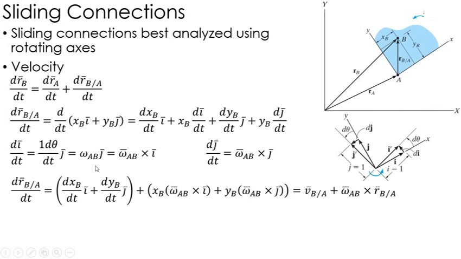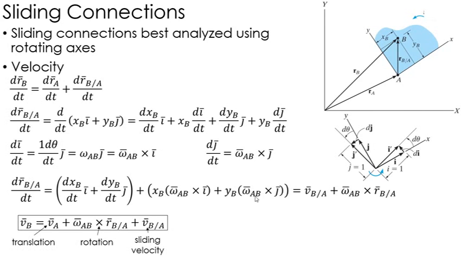The first set of parentheses is essentially my relative velocity, the velocity of B with respect to A. Then what I have here is omega cross (x i plus y j), which rearranged is omega cross r of B with respect to A. That leads me to my velocity equation for when I have sliding connections.